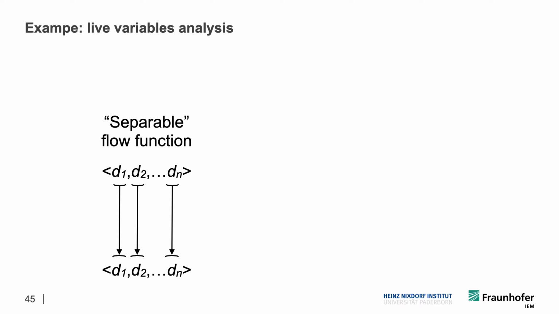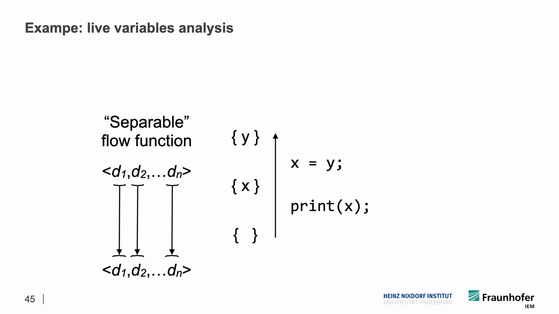To show you one example, you can think about live variables analysis, which determines which variables are still being used later on in the program. So this is actually a backward analysis.